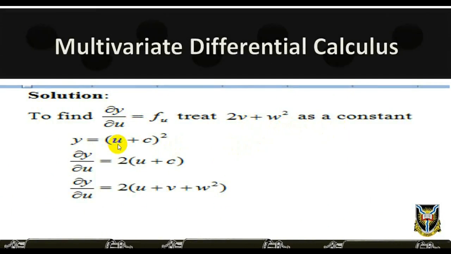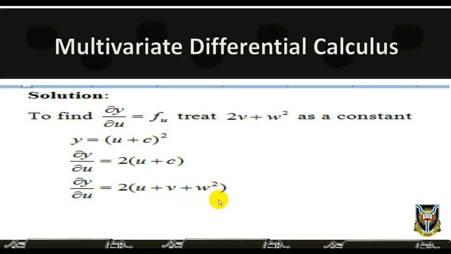Y equals (u plus c) raised to power 2. dy by du equals 2(u plus c). dy by du equals 2(u plus 2v plus w squared).